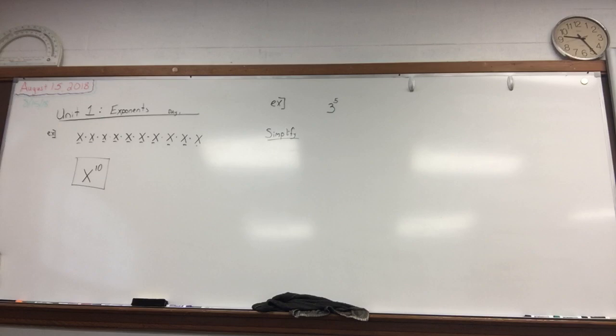Okay? Then you're going to have to write it down. I just did it. Three times three is what? Three times three is 9. Okay. And then I did that over here. 9 times 3 is 27.